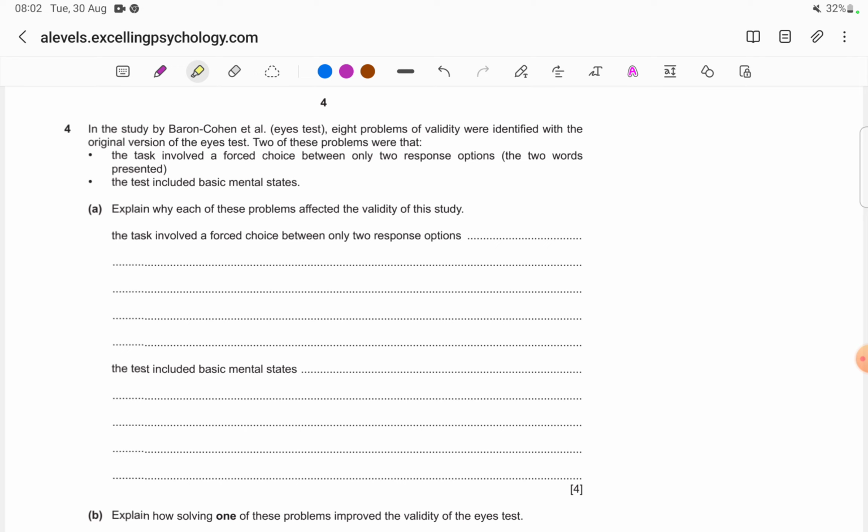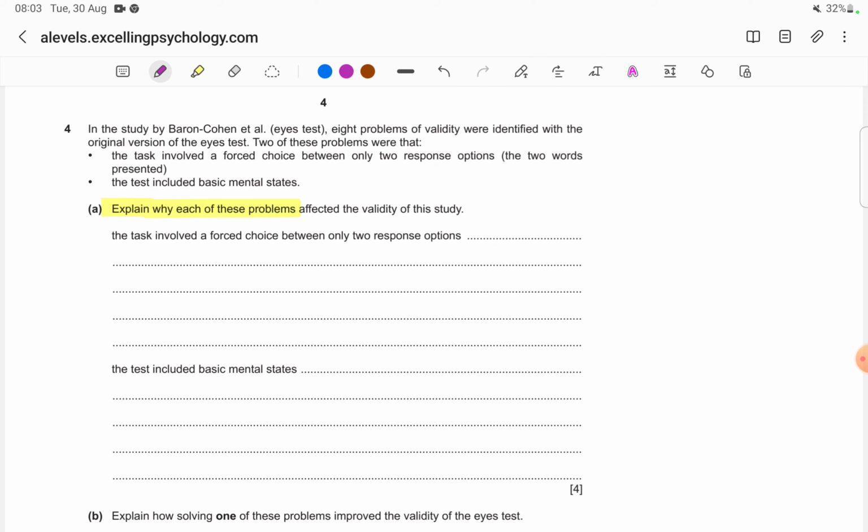Okay, first we have to explain why the task involving a forced choice between the 2 response options affected validity. Now, as such, here we have to know our concept of validity well and know what all confounds validity. Nevertheless, this question can also be taken as a direct descriptive question. Why is that?